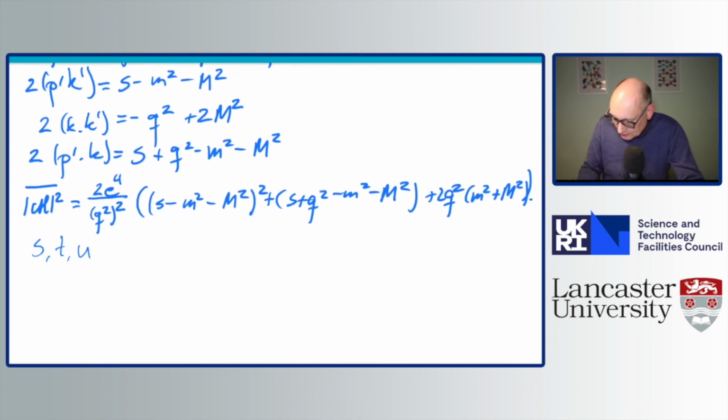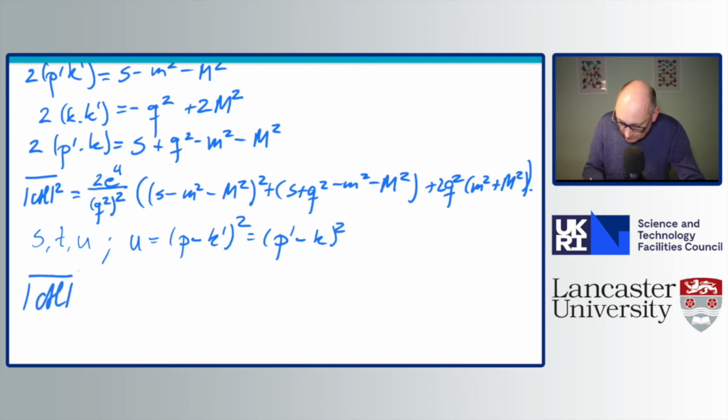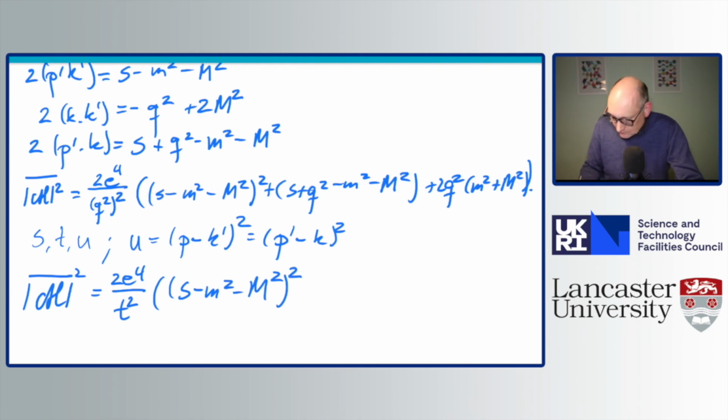Here we had q squared is actually equal to T. So if we define also the Mandelstam variable U, which is P minus K prime, so the crossed term squared, which is of course also equal in the 2 to 2 case P prime minus K squared, then the spin averaged and summed scattering amplitude can be written as 2 e to the 4 over T squared, times S minus M squared minus capital M squared, plus, and here we then have the U minus M squared minus capital M squared, plus 2T M squared plus capital M squared.